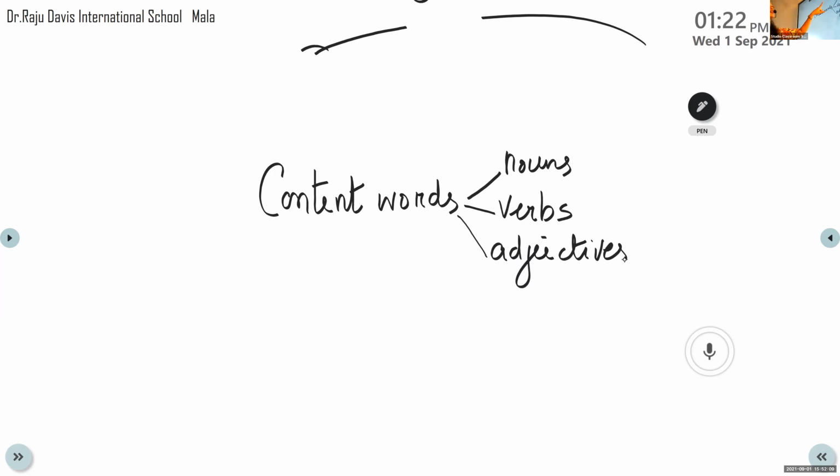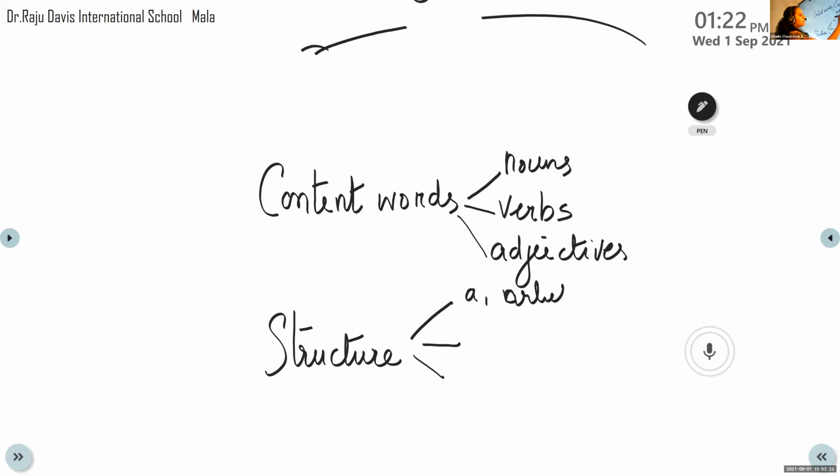All these will make your content words. And what about structure words? They will be your articles, a and the, prepositions, in, out, on, off, and pronouns, he, she, etc.